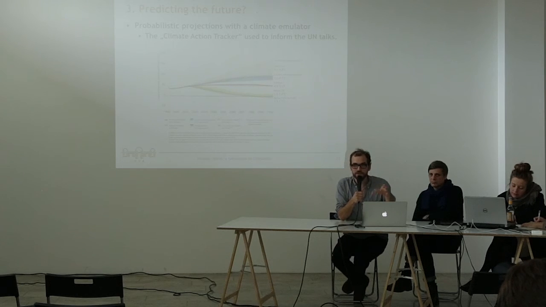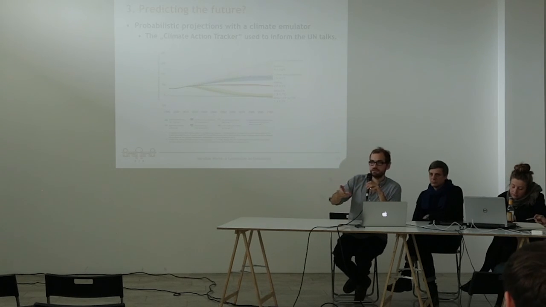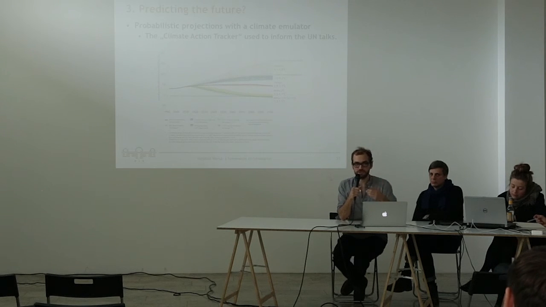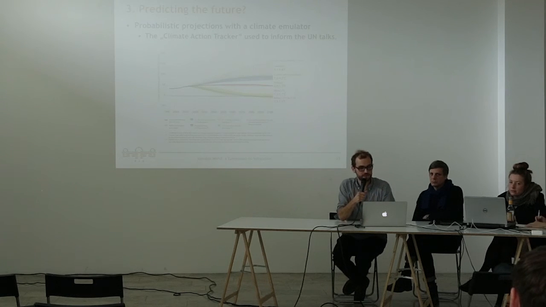Simultaneously, with the simulator I introduced, they can compute temperature projections and see whether it is responsible to do that or not, update that, and inform the talks during the negotiations themselves, to put into perspective the arguments and pledges of the countries. So yeah, I'll stop there.